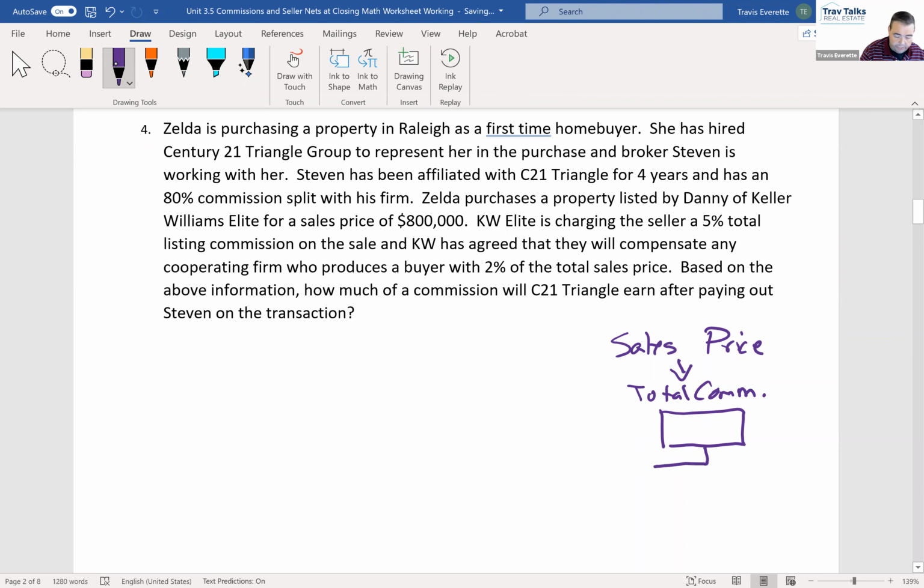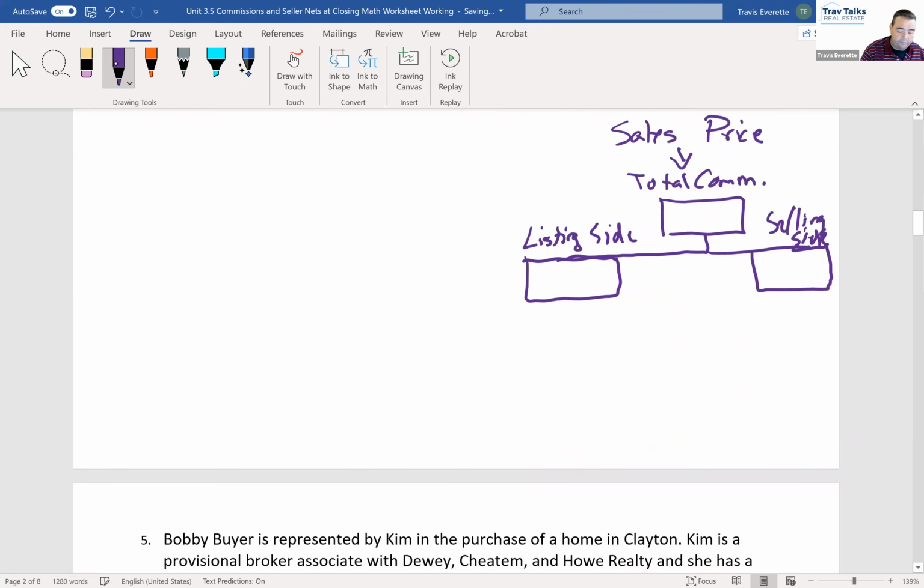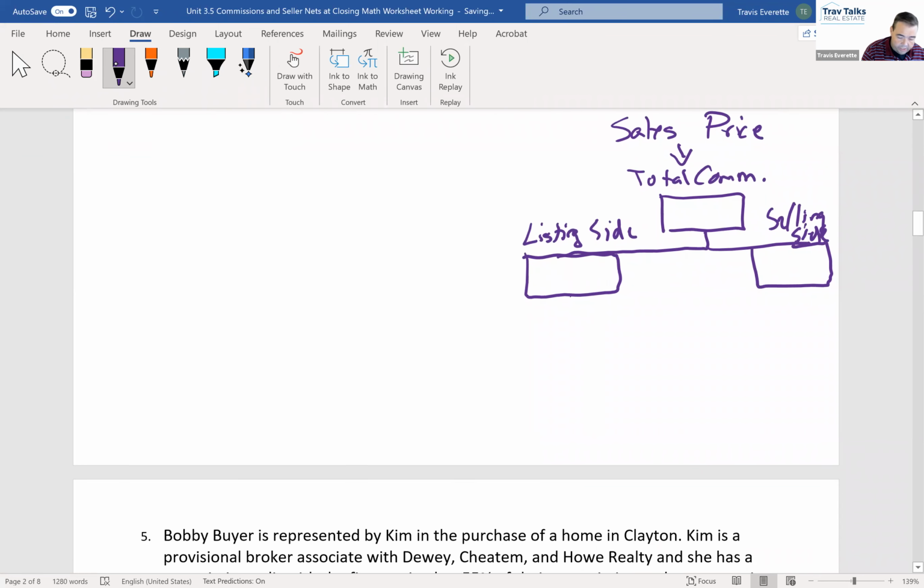We're going to split the total into a listing side and a selling side. And then from there, we're going to continue our split.